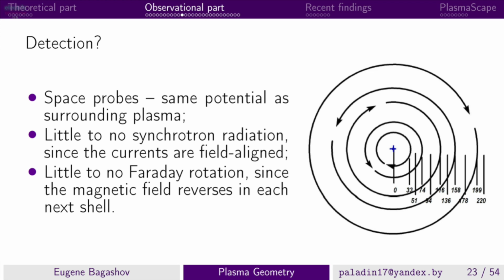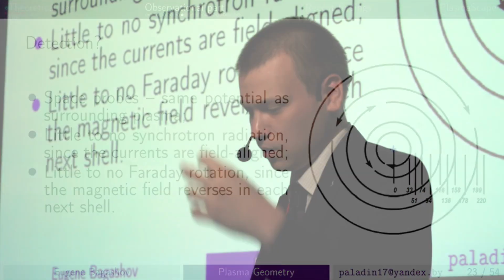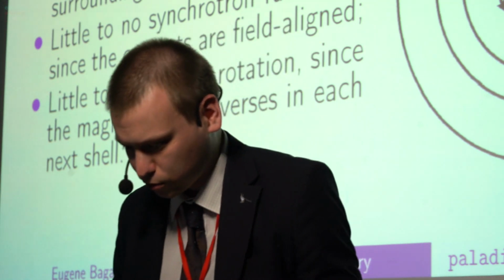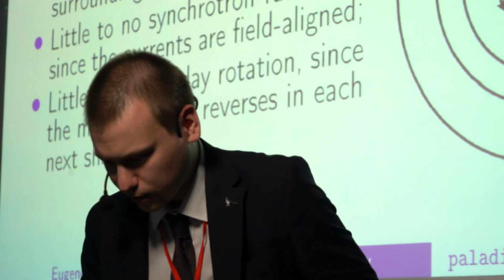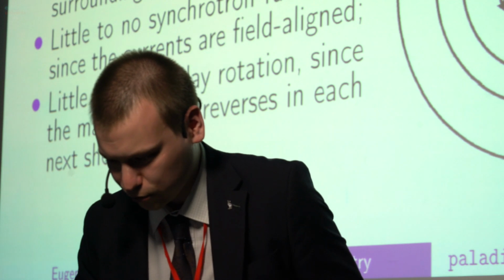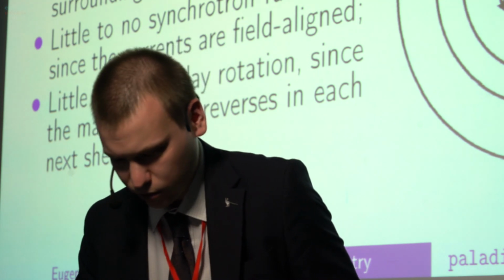But if we have those cylindrical shells of oppositely directed currents, each consecutive shell would cancel the Faraday rotation from the previous shell. And in the end, the best you can find is some weaker background magnetic field that this filament might be moving along. So you wouldn't detect that either. So these are counter-arguments to the point that we should see those currents.